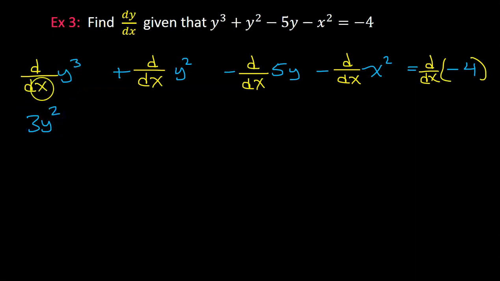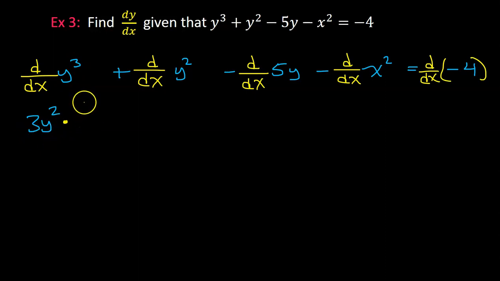But because the variables don't match, we then have to go ahead and take the derivative of the y itself separately. Technically, this is the chain rule, and we're taking the derivative now of the inner function, having taken the derivative of the outer function on the previous step.